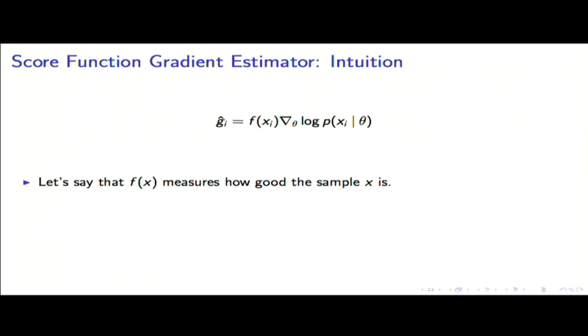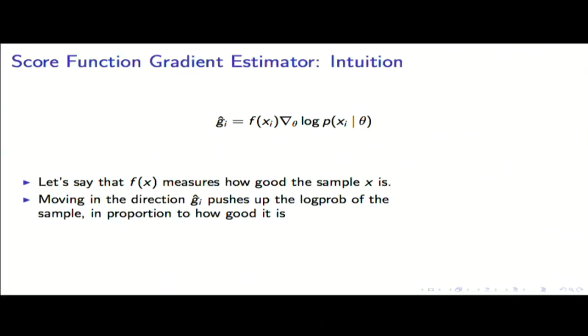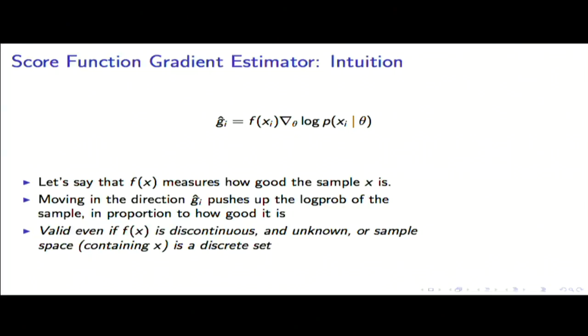This is important, so that's why I'm going through it in a bunch of different ways, because this estimator is the basis of a lot of other things we want to do. I mentioned this intuition that let's say f of x measures how good the sample is.